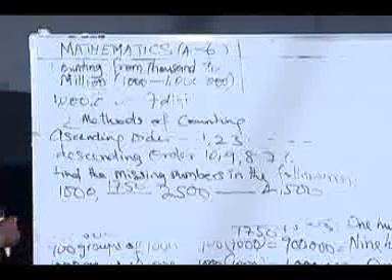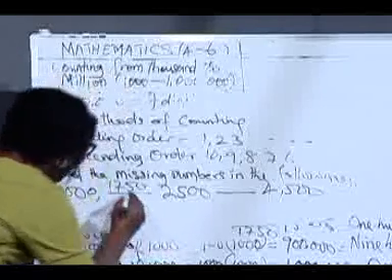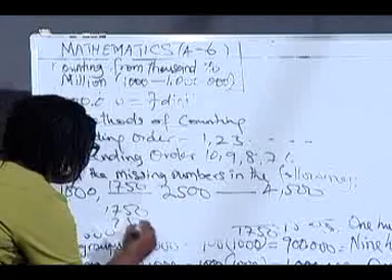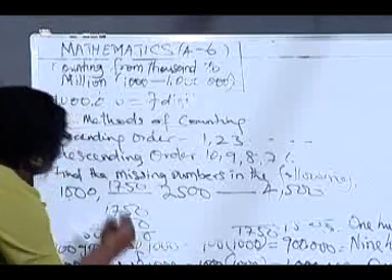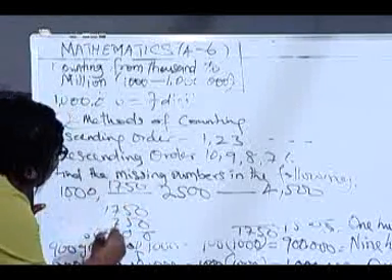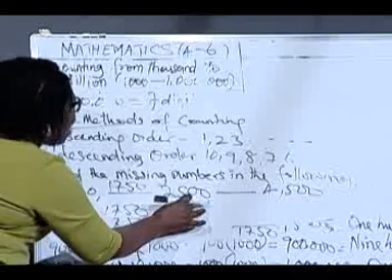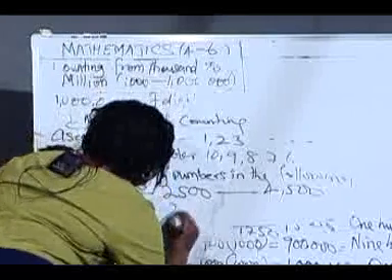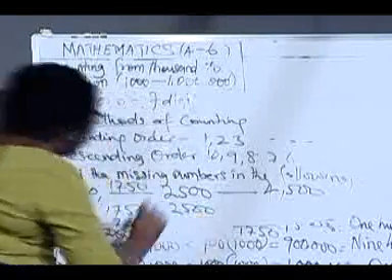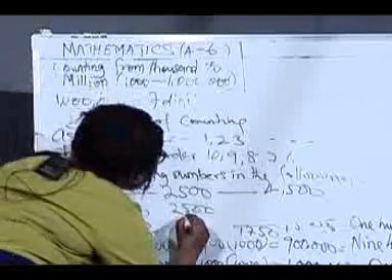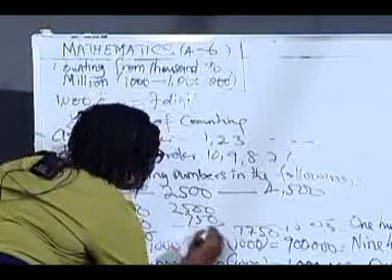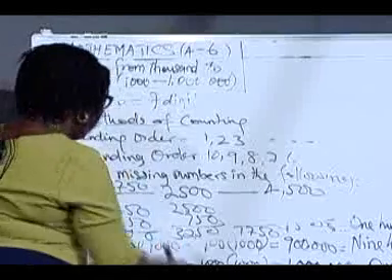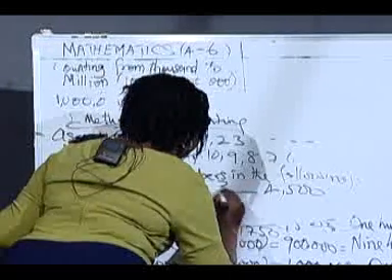Then another 750. If we add 1,750 to 750, we get 2,500. Then in this 2,500, we add another, the same counting number, which is 750, and we get 3,250.